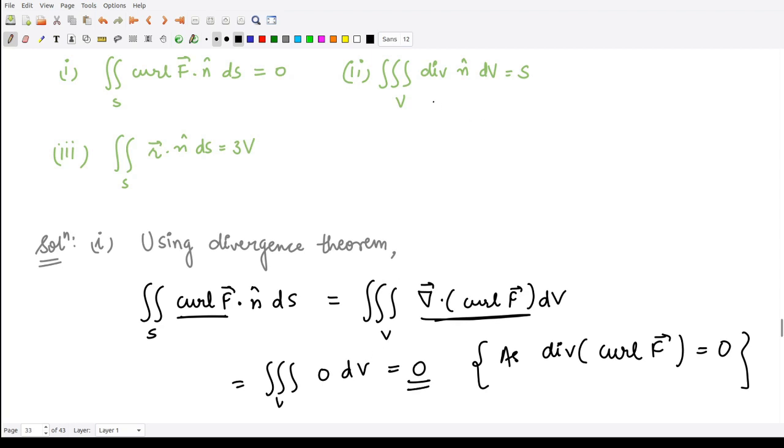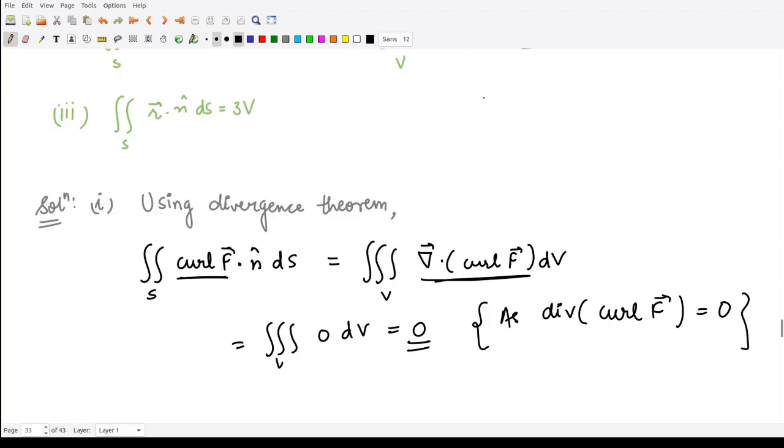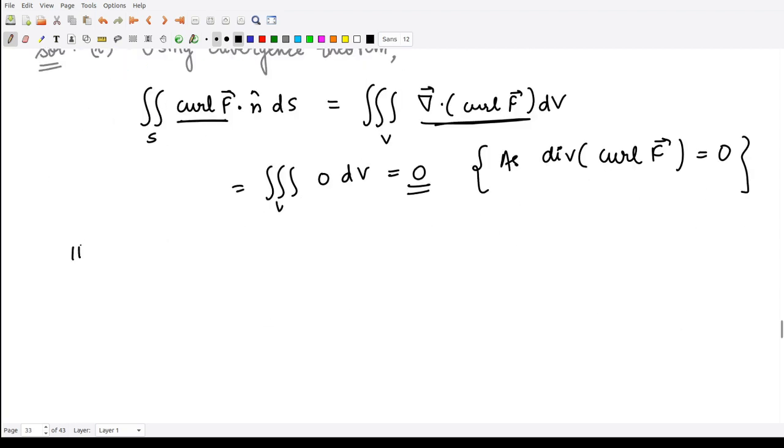Moving on to the second part, they are asking us to calculate the triple integral of the divergence of n cap dv, and show that this quantity is equal to S itself. So here also we can apply this theorem.